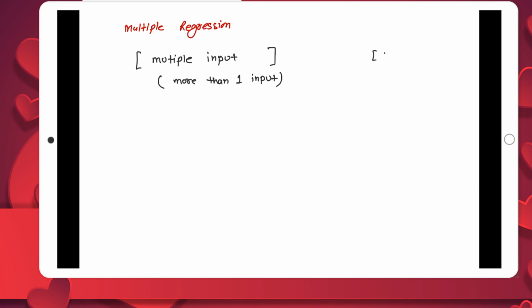All right. And then finally, we have here y, which is the output. So based on these multiple inputs, we predict this final output. All right. Perfect.